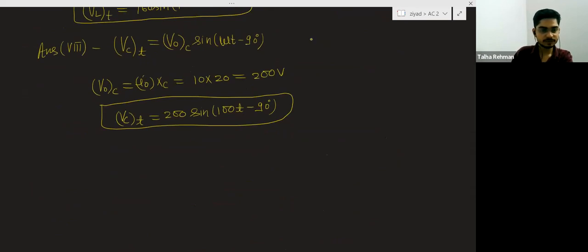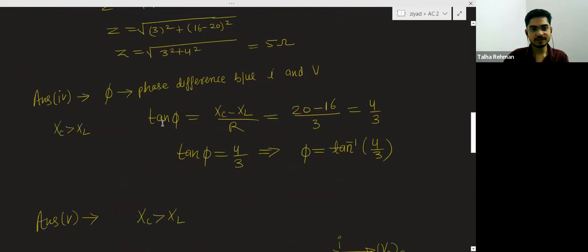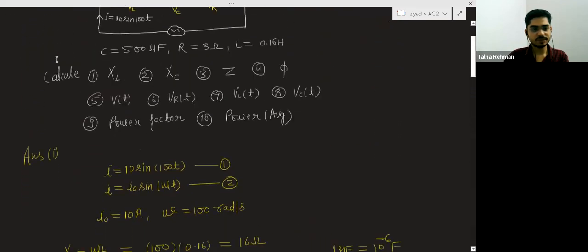In the 9th part, actually here I have written in Roman numbers and these are in simple numbers, so I am just changing it.